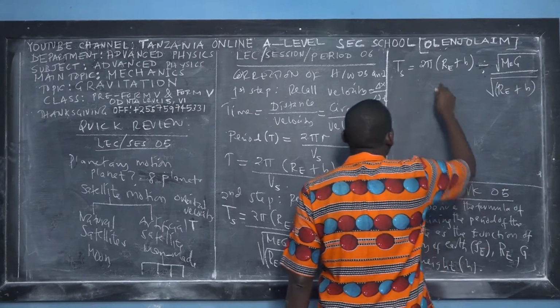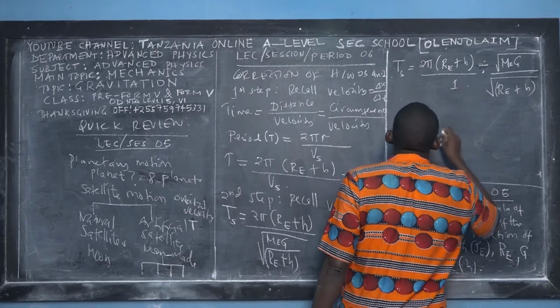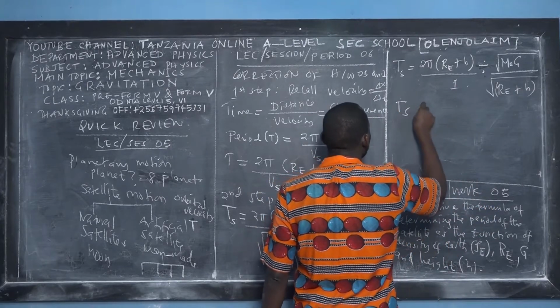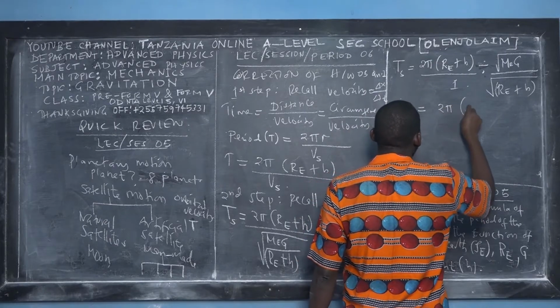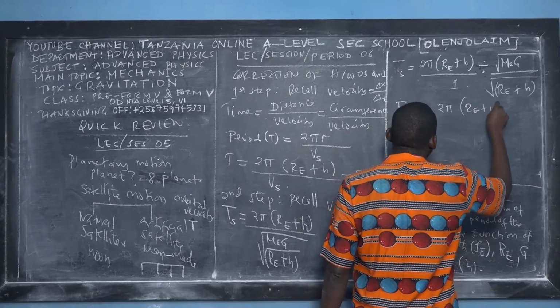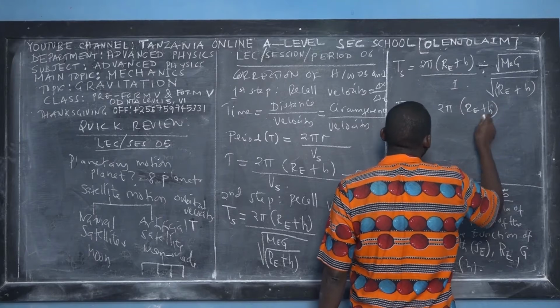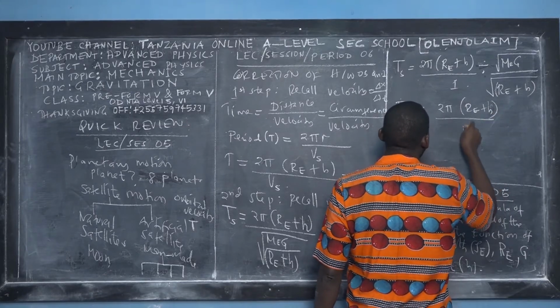So this one is over 1. So the period of the satellite is equal to twice pi, then we have the radius of the S plus h, over 1.